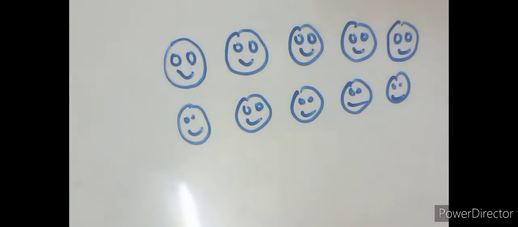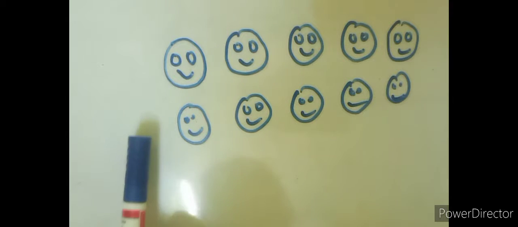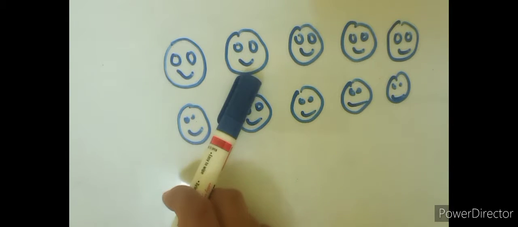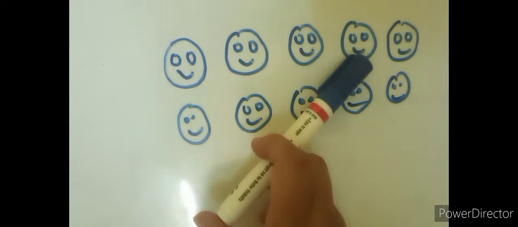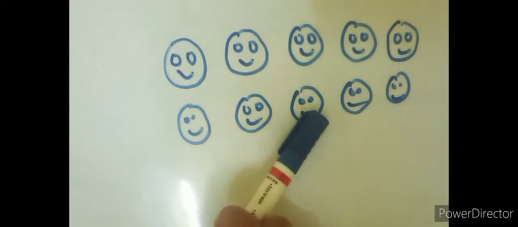Okay. Now let's make a group of tens. Firstly, I have made a group of tens. Now tell me how many smileys are here. Now start counting. 1, 2, 3, 4, 5, 6, 7, 8, 9, 10.